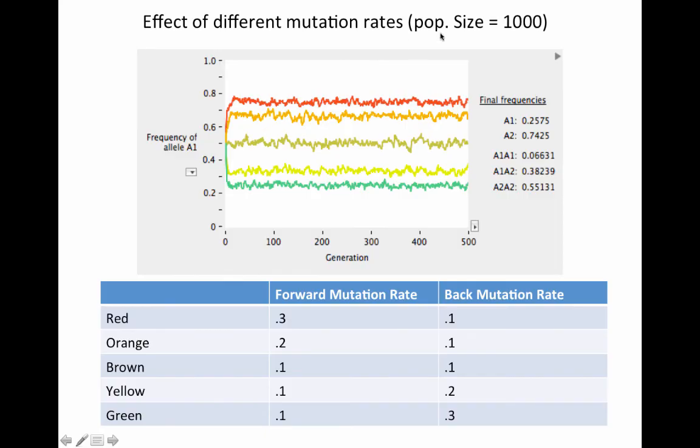This is a pretty small population in the grand scheme of things, but it's not so small that you can't get stability. But you can see if you have a mutation rate that's 0.3 forward mutation, the population finds a new steady state here.